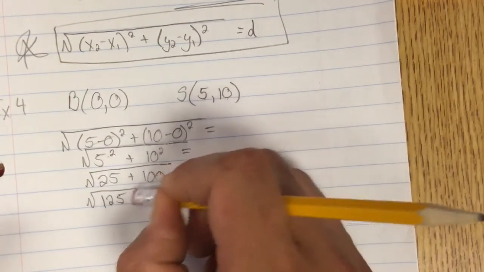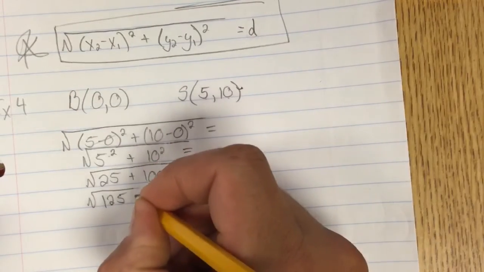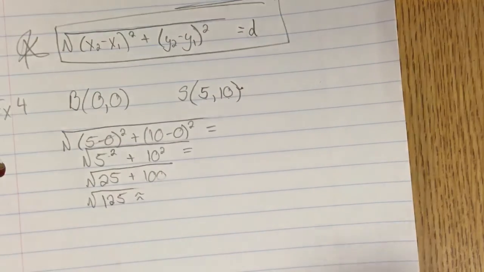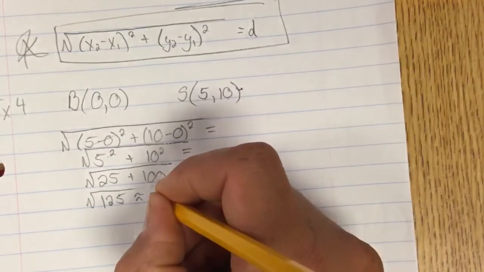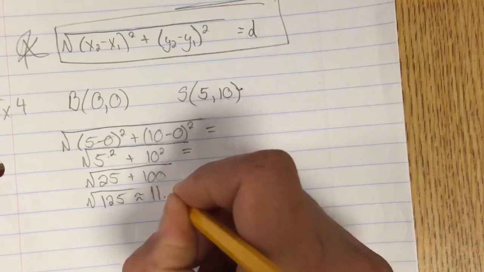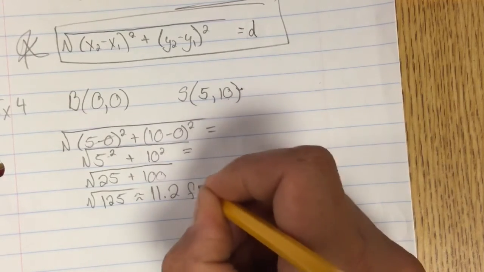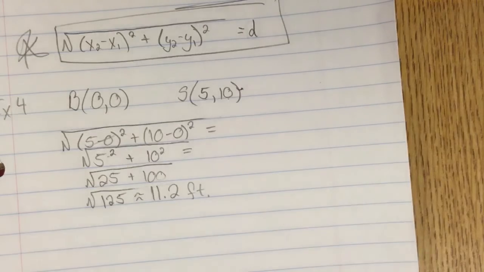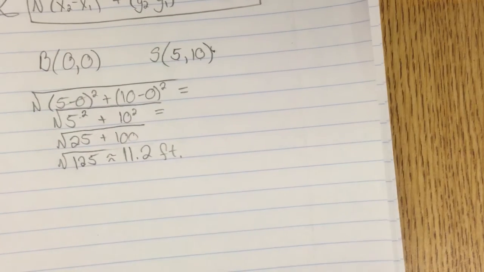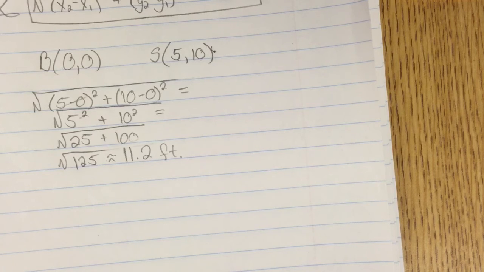I'm going to approximate this, so to approximate, you wave your equal signs. So approximately 11.2 feet for my answer. And that is it. The distance between my batter and my shortstop in this particular one is supposed to be 11.2 feet.